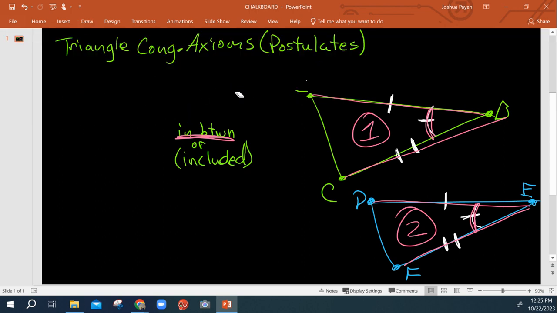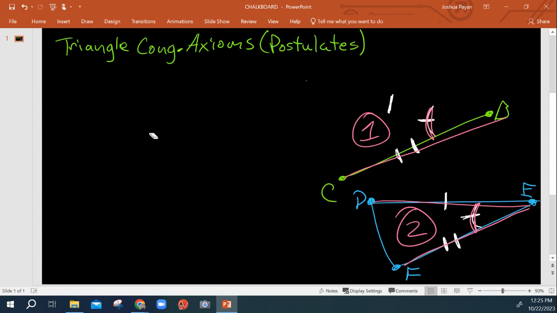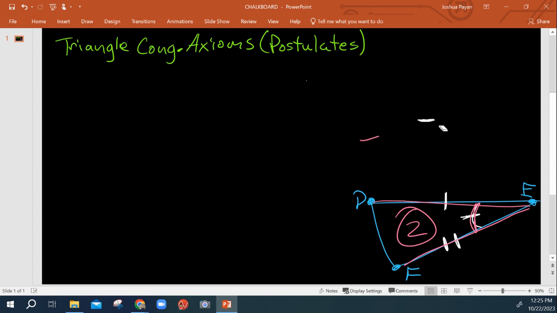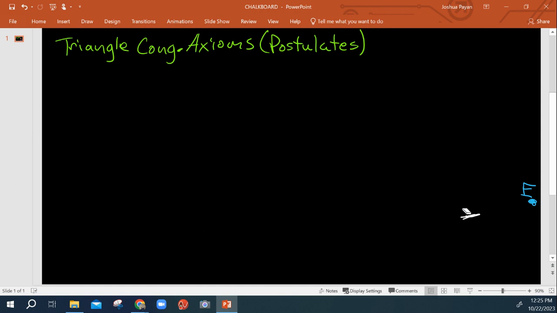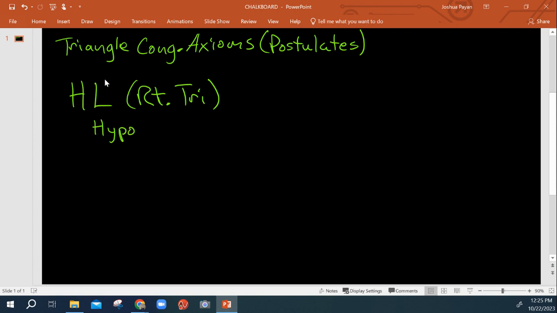Okay, and the last one, and this one's not really a special case. This one actually refers back to the other 4 axioms; if you know them, you don't really need to know this one, but this one's just kind of a shortcut. So this one pertains to right triangles. I'm just going to abbreviate that. Right, so this stands for hypotenuse, leg.